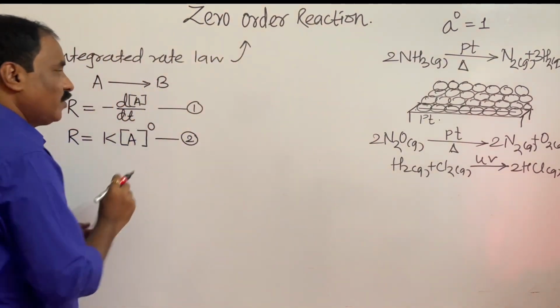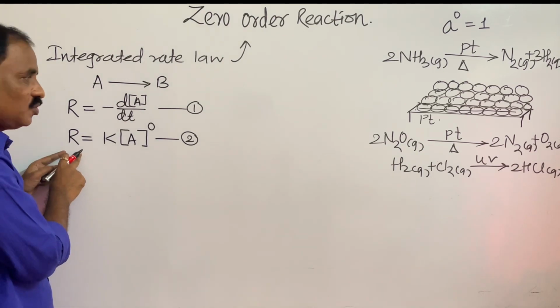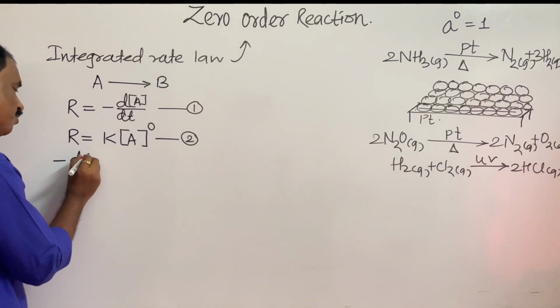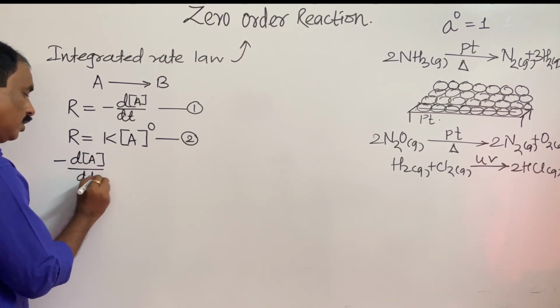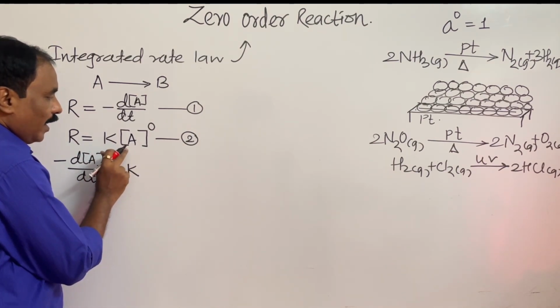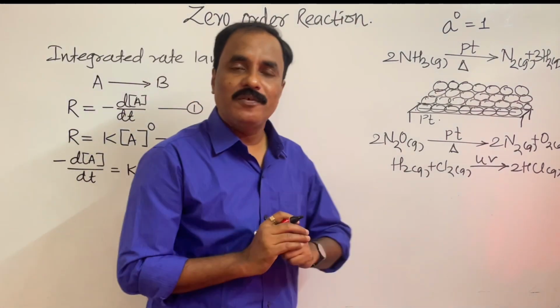Now compare these two equations. Here the left hand side is exactly the same, so the right hand side will be the same, and you can write from these two equations minus dA by dt is equal to k into a to the power 0, and it is 1. So this is a new equation.